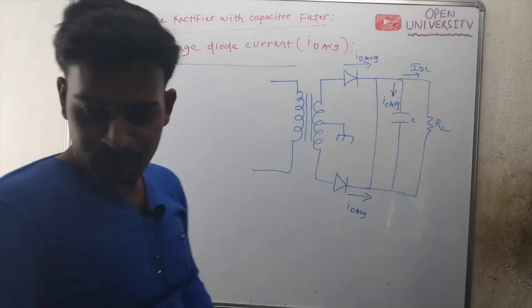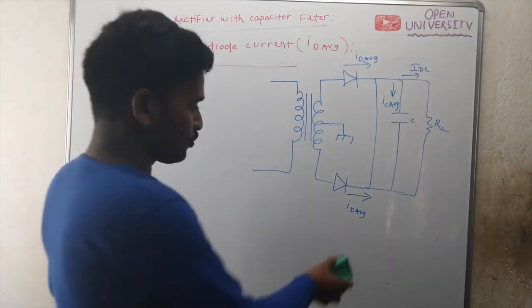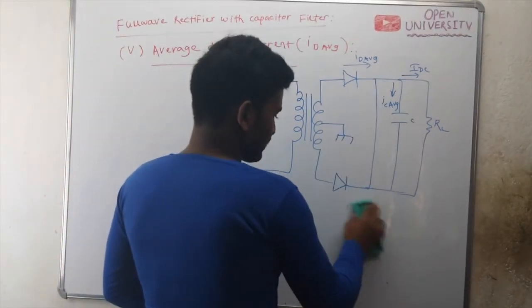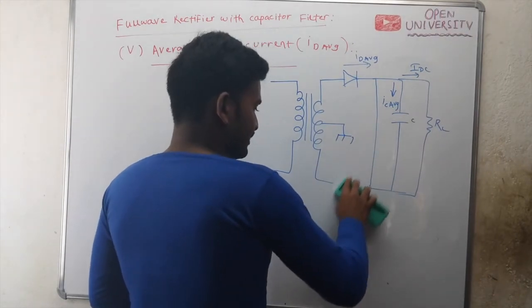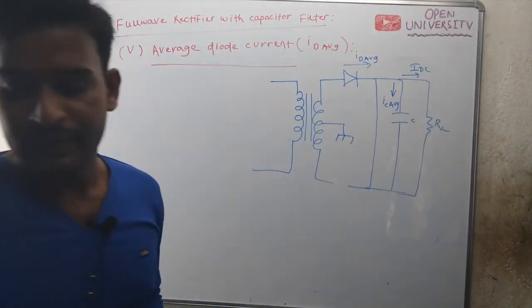Let my interest be to find out only the average current through each diode. Let one diode be activated and one diode be open circuited.